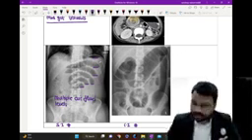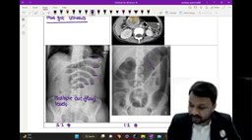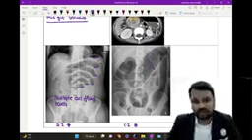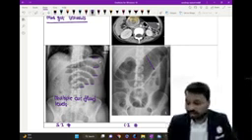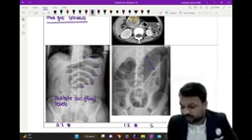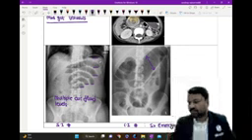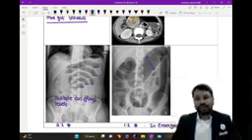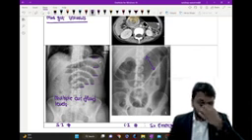On the other hand, you see massive colonic distension, or the transverse colon, in a large bowel obstruction. Remember, large bowel obstructions are surgical emergencies, right?